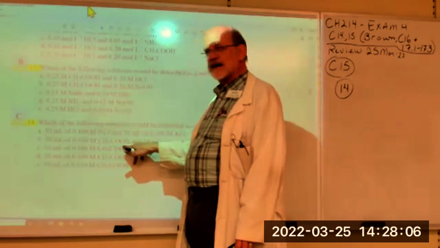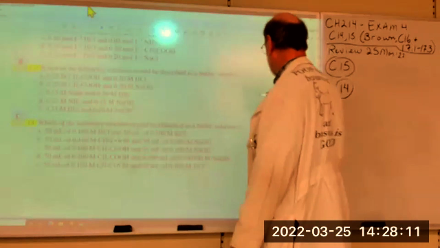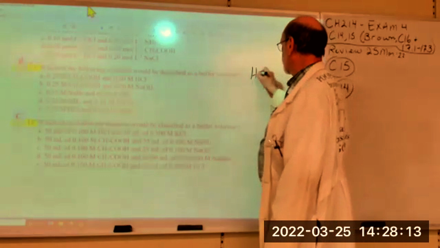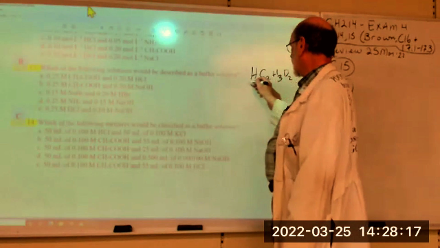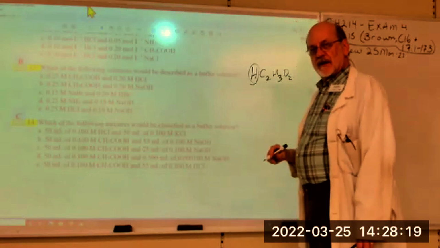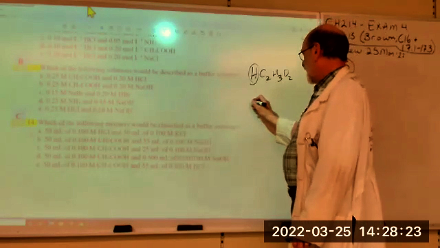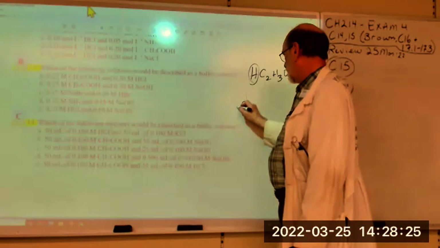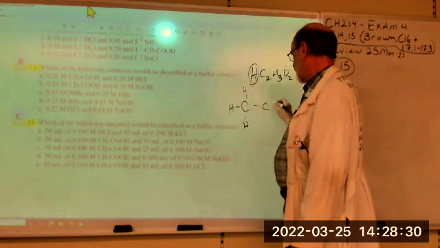This is one way to write acetic acid. Have I shown you that before? You normally see acetic acid written this way, C2H3O2. There's your acid proton. But if you write it with a little bit more structure, you find that you've got a methyl group right here attached to another carbon.